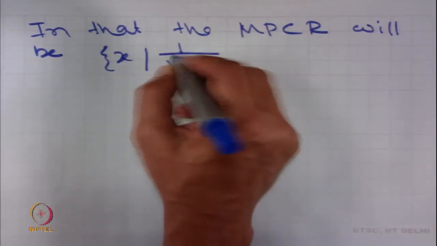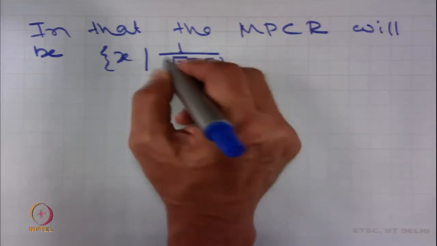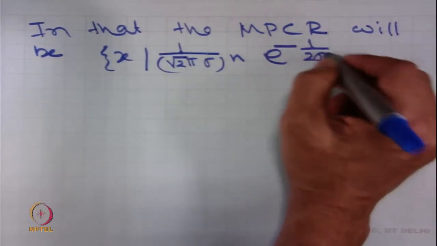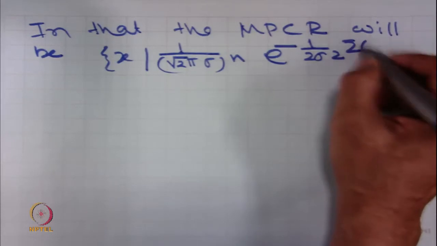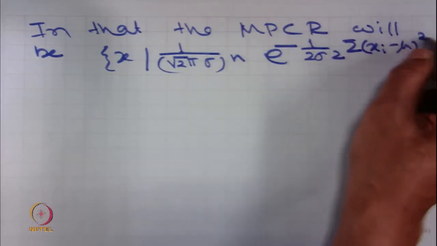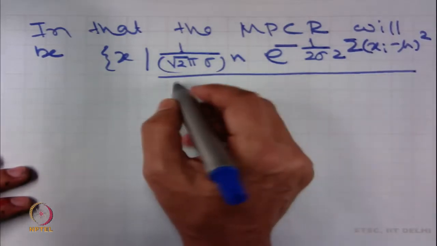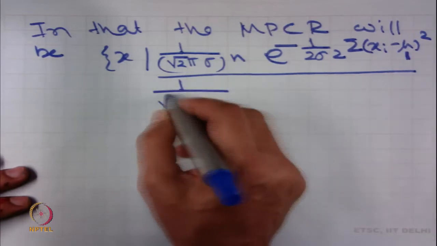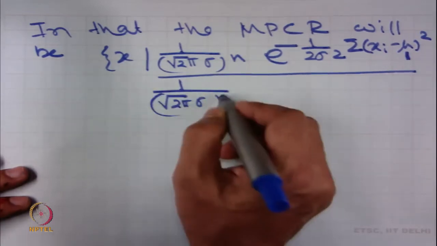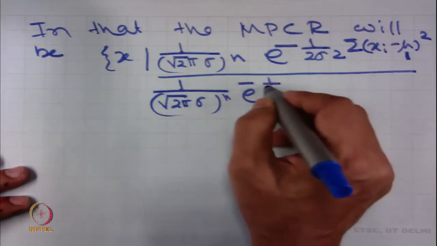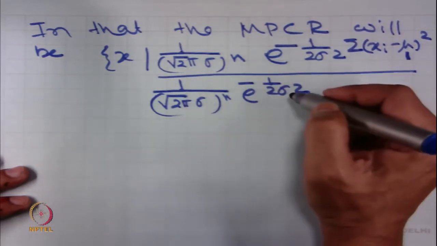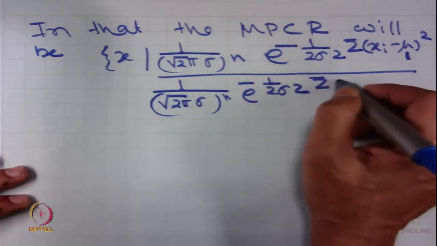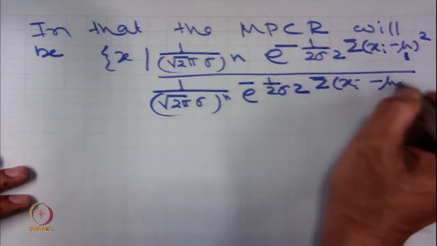1 over root 2 pi sigma whole to the power n e to the power minus 1 upon 2 sigma square sigma xi minus mu 1 whole square upon 1 over root 2 pi sigma whole to the power n e to the power minus 1 upon 2 sigma square, sigma square is known for both of them and it is the same, sigma xi minus mu naught whole square.